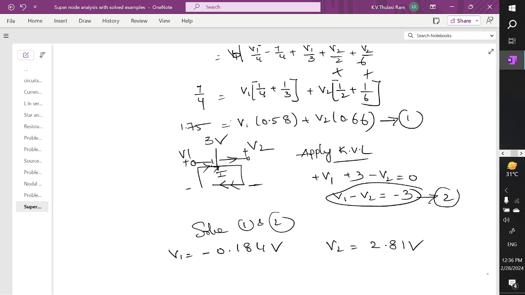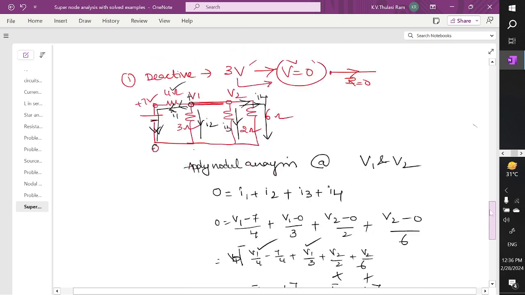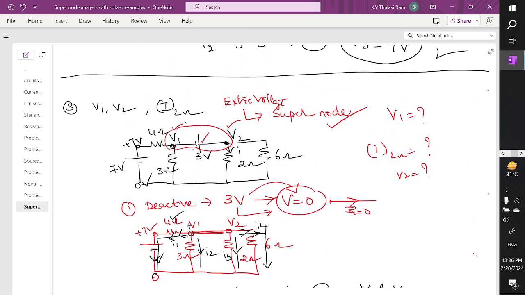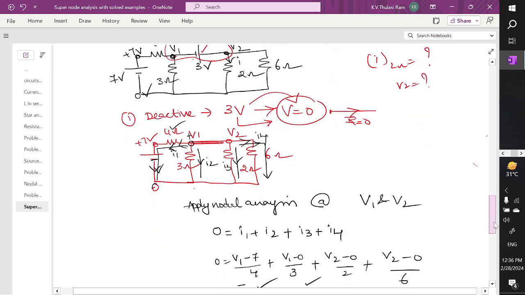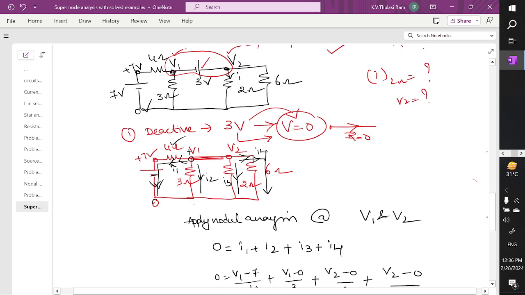And in the problem, it is asked, the current across which one? The 2 ohm resistor. So how to find the current across the 2 ohm resistor? The current across the 2 ohm resistor is V2 minus 0 divided by 2.